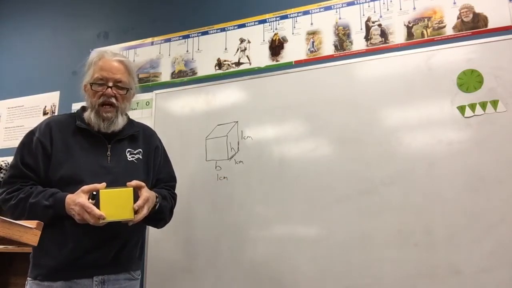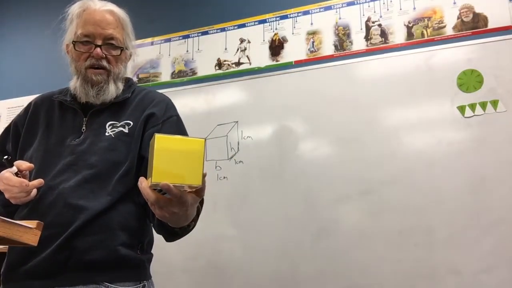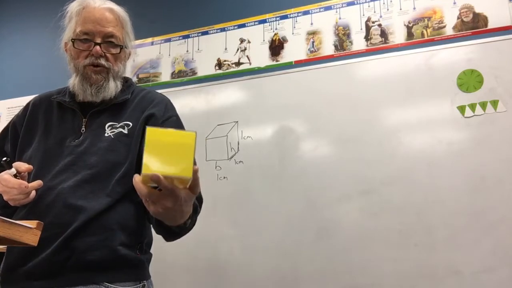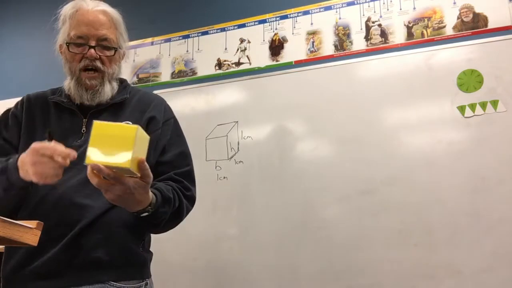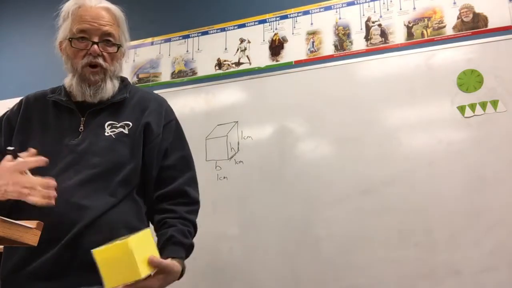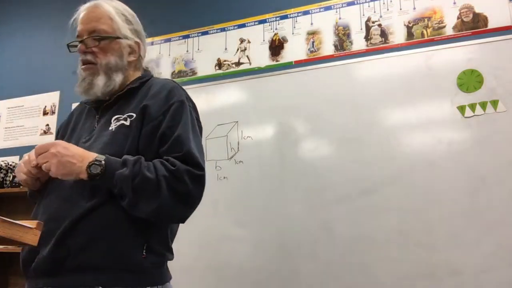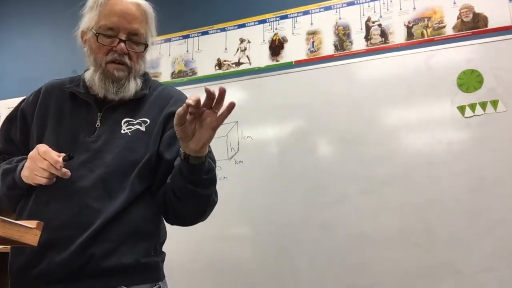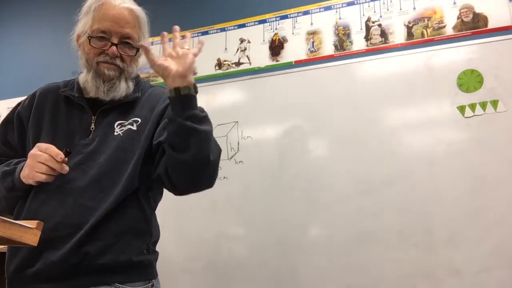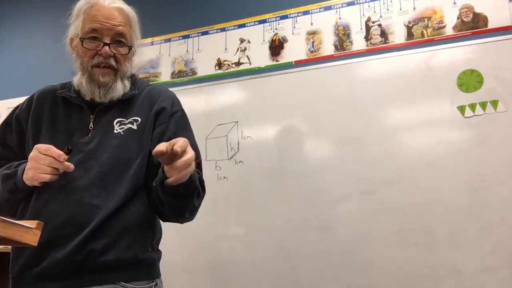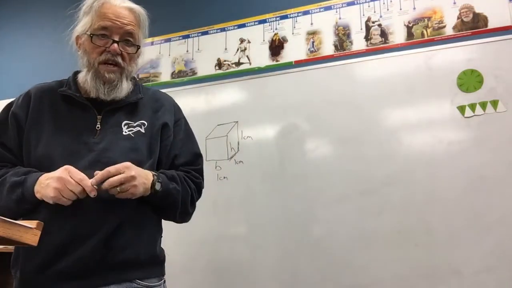Okay, and so that's what they're showing you first of all: the volume of a cube that measures 1 centimeter on each side. That's 1 cubic centimeter. Actually, in our little base 10 blocks, that smallest little square, or not really a square, it's a cube. That's 1 centimeter on each side. So that actually is a cubic centimeter.